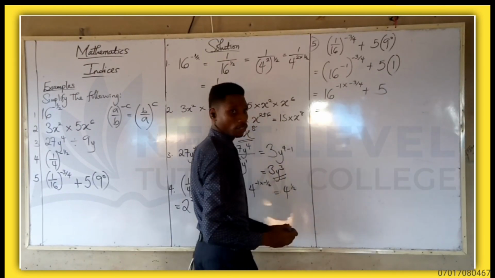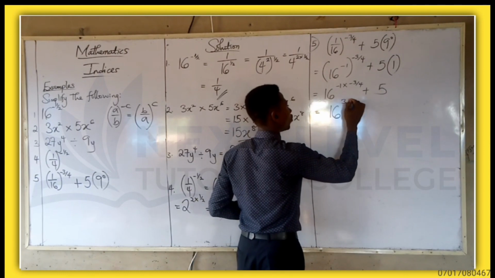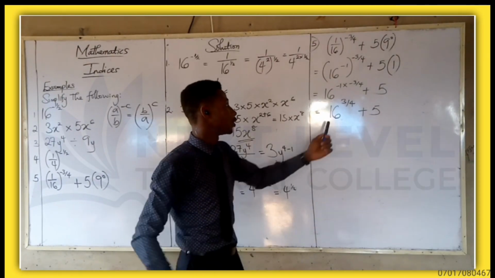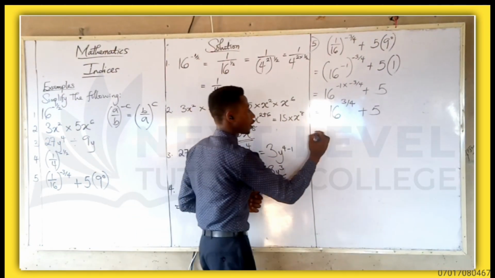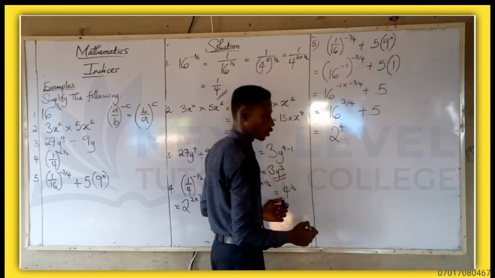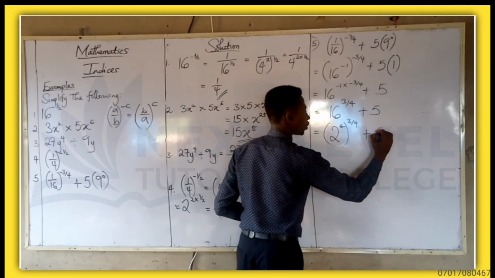Minus times minus is plus, 1 times this is the same thing, so I have 16 raised to power 3 over 4 plus 5. Now to simplify this further, I'll have to take 16 to index form. In index form, 16 can be written as 2 raised to power 4. Now I have 2 raised to power 4 that is now carrying power 3 over 4 plus 5.